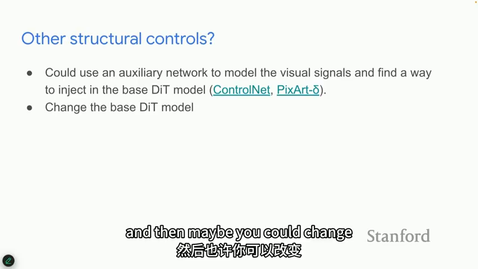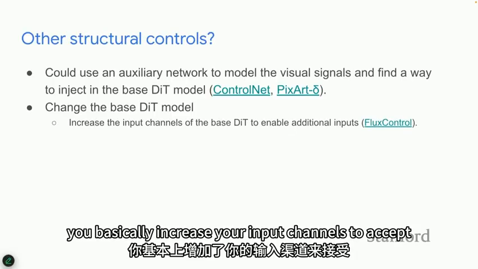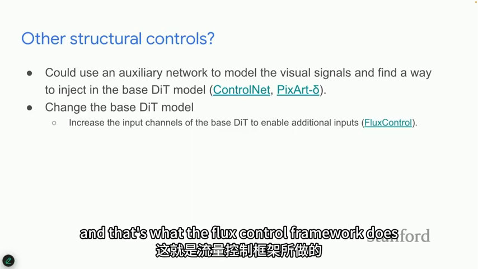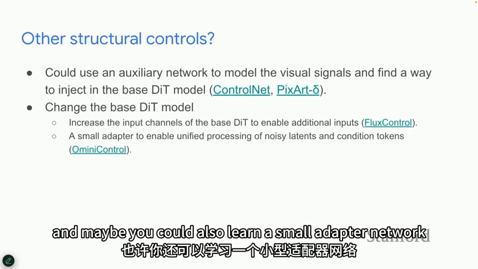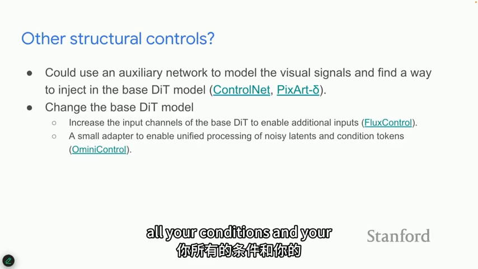And then maybe you could also change the base diffusion transformer model. You basically increase your input channels to accept more controls. And that's what the Flux Control framework does. And maybe you could also learn a small adapter network to model the dependencies between all your conditions and your noisy latent tokens.